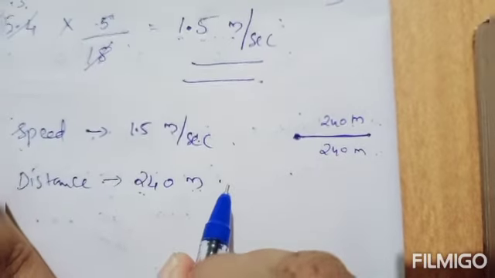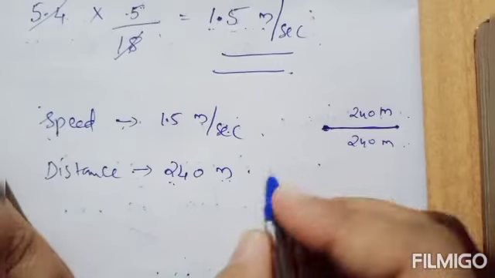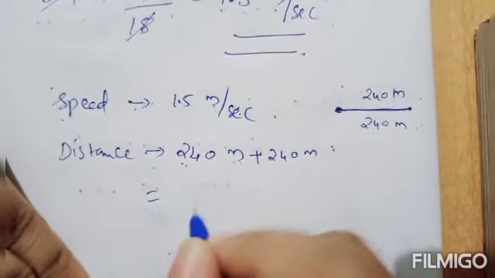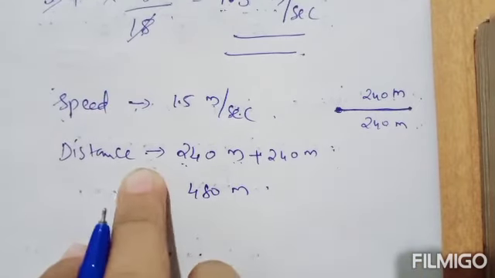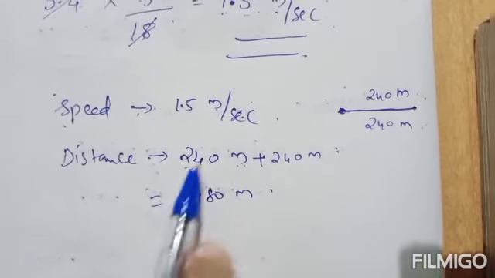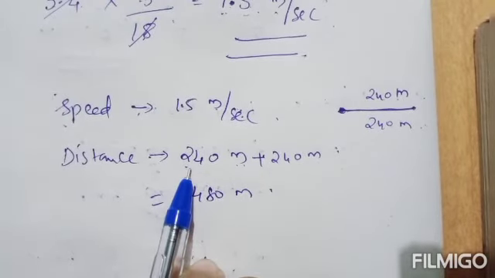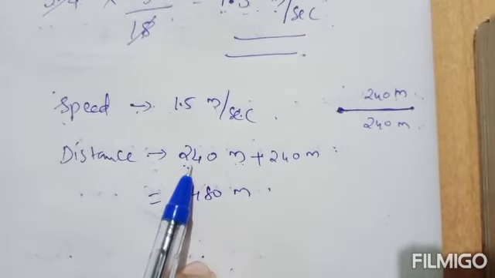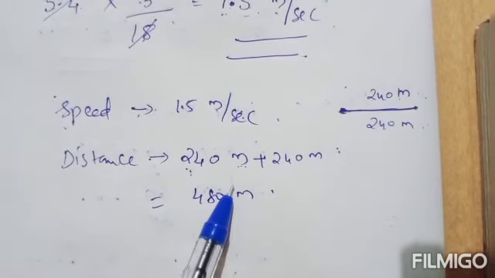So how much total distance can you take? 240 meter plus 240 meter, you will get 480 meter. So you have to take the distance as 240 meter plus 240 meter, which is 480 meter.